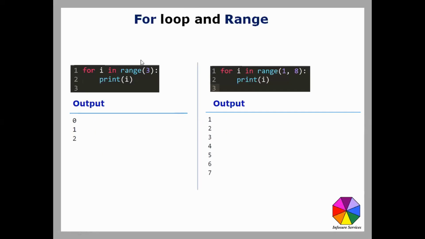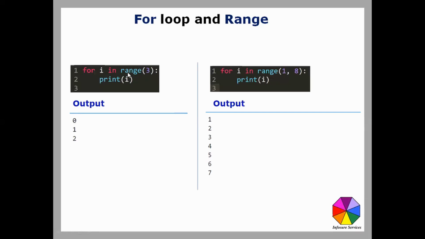Now Python has a built-in function called range. This range function is used along with the for loop. Here is an example: for i in range of 3. It will generate three integers, starting from 0, 1, and 2.